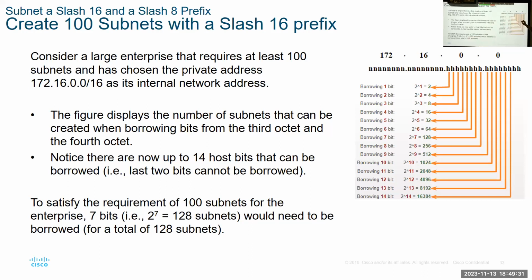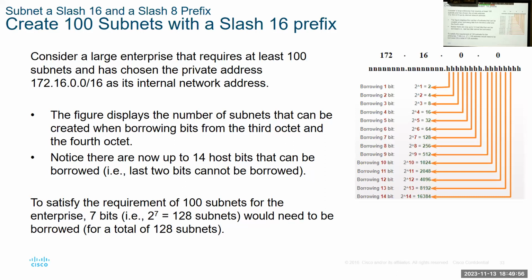So you always take whatever your starting point is, your starting prefix, in this case /16. How many bits do I need for the number of subnets that our organization requires? In this case, 7. So now our new prefix is going to be 16 plus 7, or 23. You're basically adding 7 bits to the network ID.